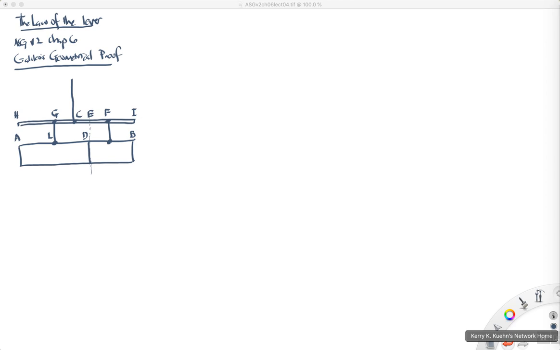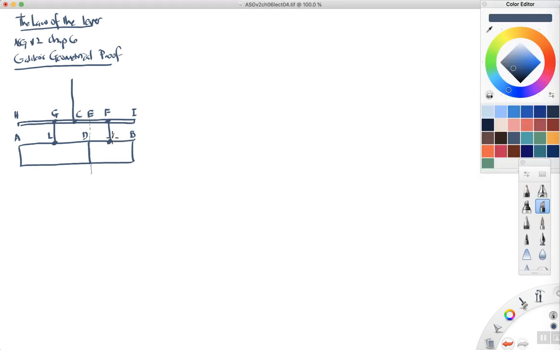The support points are point L for the left block, where it's hanging from point G. And I forgot to label this, but point M right here is the support point for the right-hand block where it's hanging from point F.